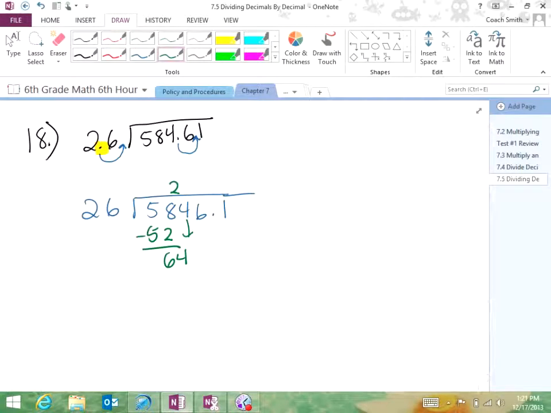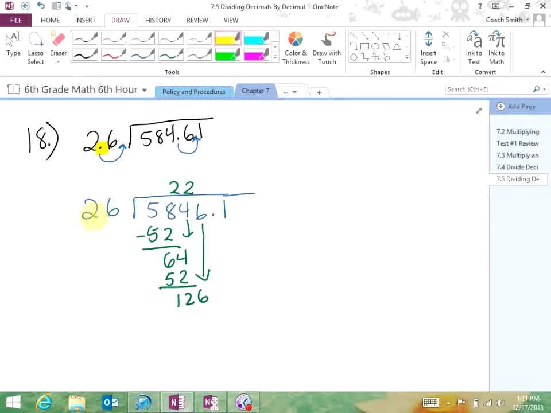How many times? 2. Somebody said 4, and I was like, wow, that would be too much. All right. So 64, we know that's 52. Remainder 12. Bring down your 6.